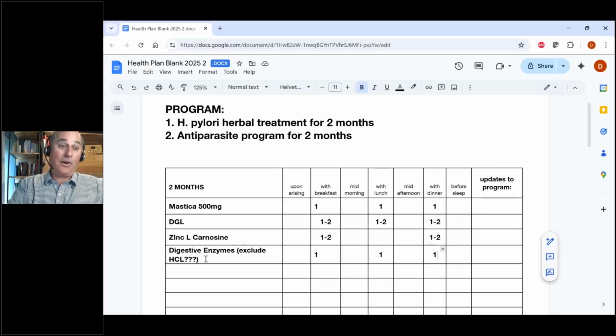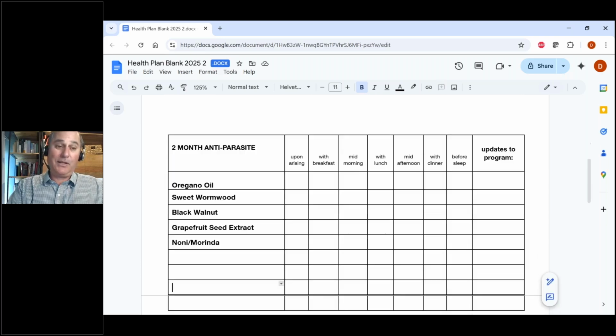It's the same protocol. This thing for 2 months, then this thing for 2 months, and then on the C. diff side, you want to use S. boulardii. It's 2 weeks, then 2 weeks, then 2 weeks.